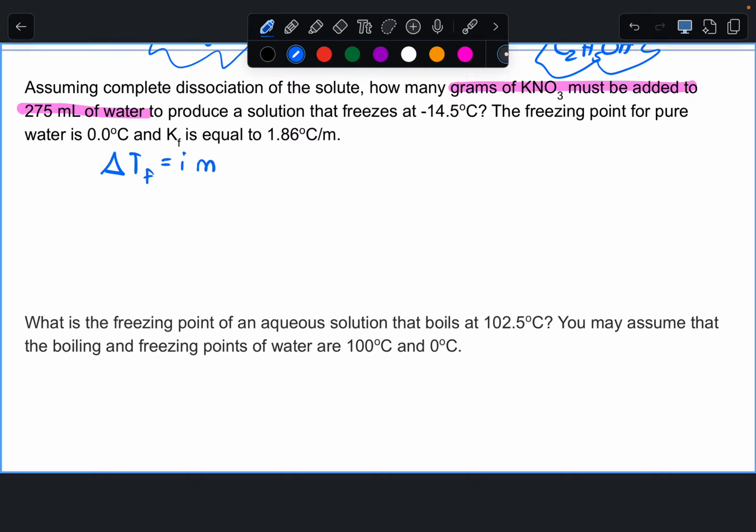Figure out what it is you're solving for, what do you not have. Basically, you're solving for the molality in this case, okay? You don't have the molality, you're going to solve for that. And then you're going to use the molality as a conversion factor to do the part in pink.